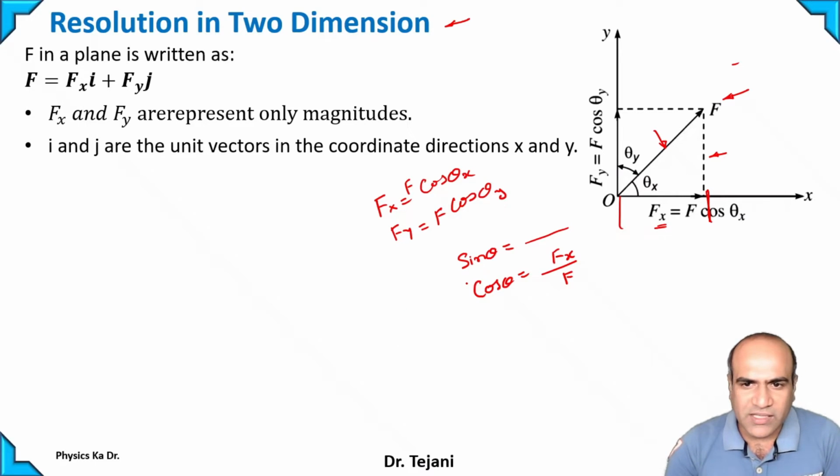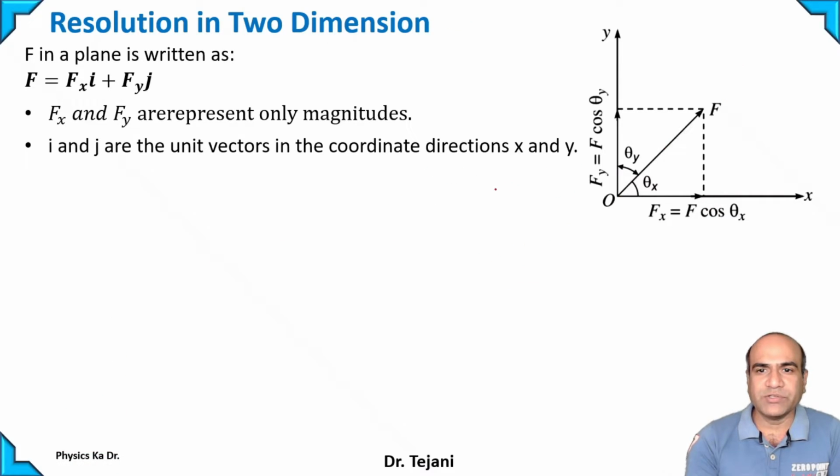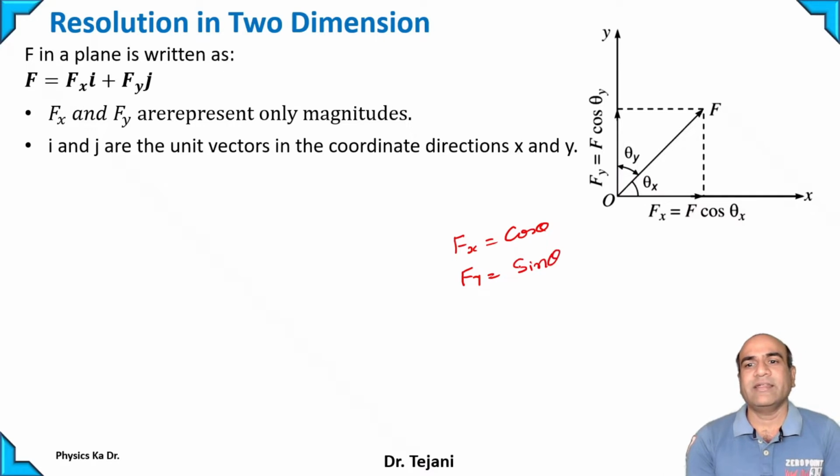So we can consider the components, and this becomes very convenient to resolve and get the resultant, or we can consider only a single theta, in which Fx becomes F cos theta and Fy becomes F sin theta. We are very much aware of this part.